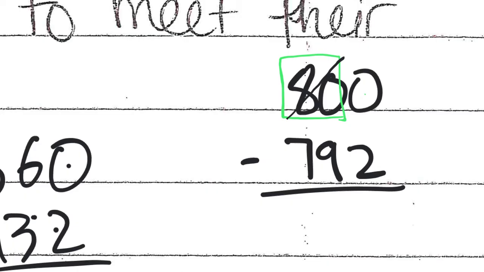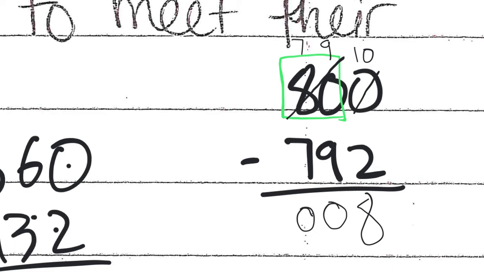So I'm going to take 1 from that, and I'm going to have 79. That 1 that I borrowed makes this a 10. And now I can say 10 minus 2. We know that is 8. Then I can take a look at the 9 minus 9. We know that's 0. And then we know the 7 minus 7 is also a 0. So the answer is 8.